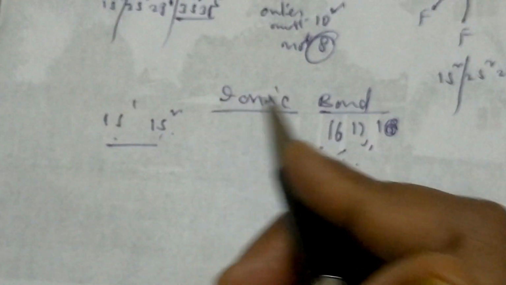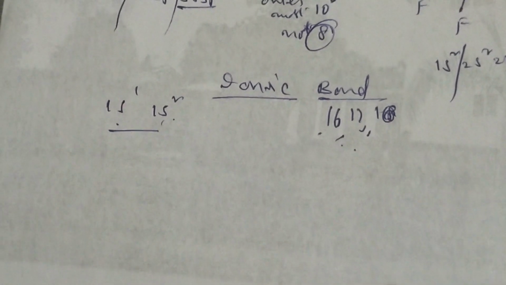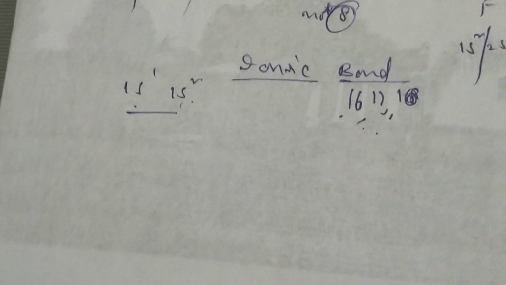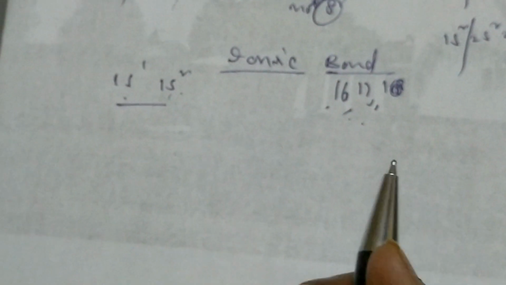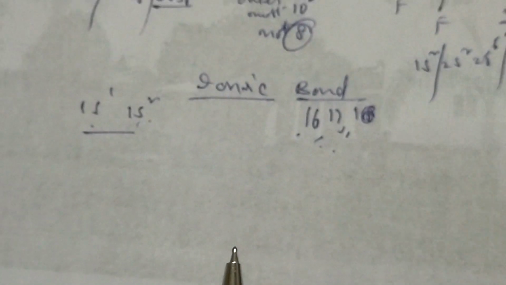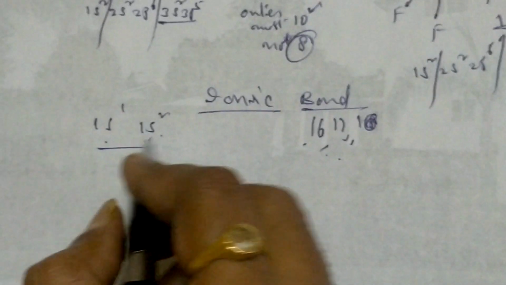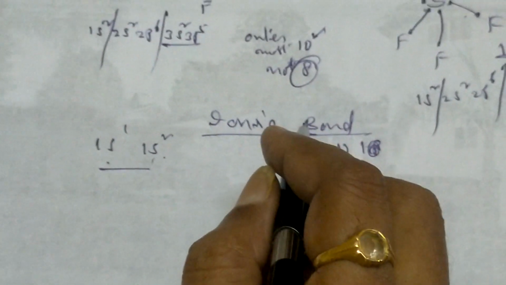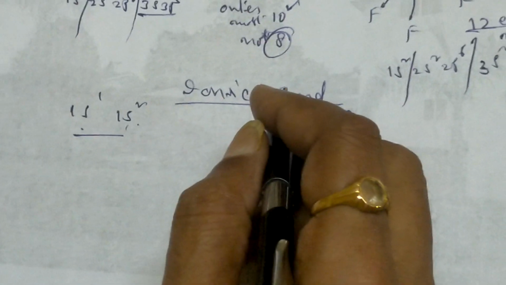Their solubility in non-polar liquids like benzene, CCl4 which is carbon tetrachloride, or ether solvents is very low. But in water, the ionic compounds dissolve more. They conduct in the fused state, and ionic bonds do not exhibit isomerism, and their lattice enthalpy is very high.